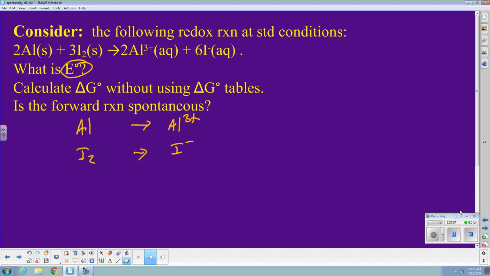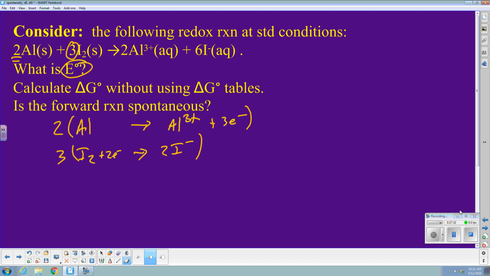Looks like I need 2 electrons here, so I'd have to have things balanced here. And I need to have 3 electrons there, right? And notice my coefficients up here. This says that I have 2 aluminum, so this whole thing has to be multiplied by 2. I have to have a 3 in front of the iodine, so this whole thing has to be multiplied by 3.